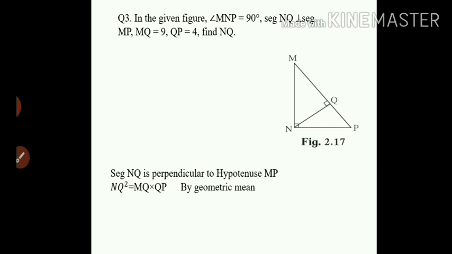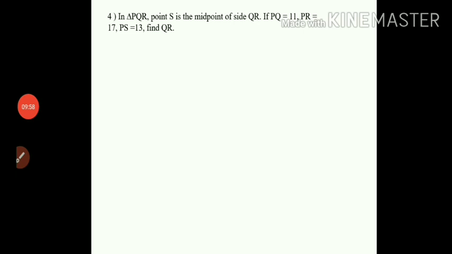We know NQ square will be equal to MQ multiplied by QP. Values are given, so I will substitute: MQ is 9, QP is 4. 9 fours are 36. By taking square root, root 36 will be 6 centimeters.